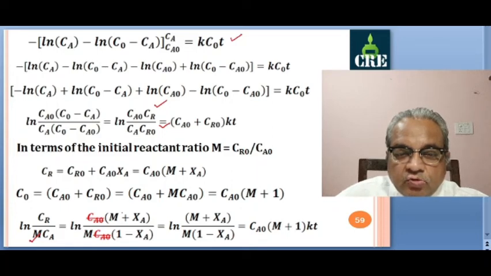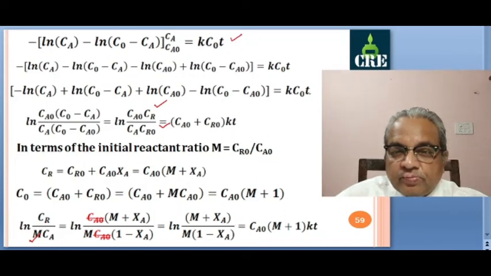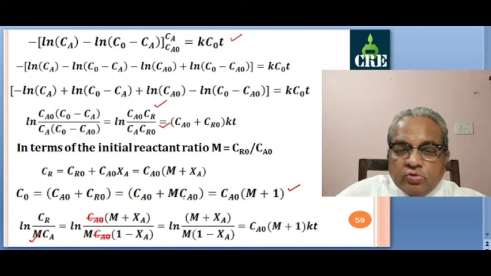CR is CA0 into M plus XA, M is there, and CA is equal to CA0 into 1 minus XA. CA0 cancels out and you get ln of M plus XA by M into 1 minus XA, and that is equal to K C0 T. C0 is CA0 into M plus 1, that we have written here, into K t. So this is the form.